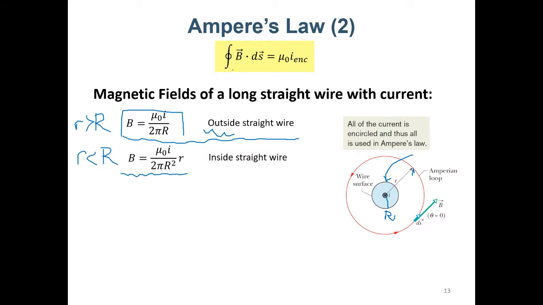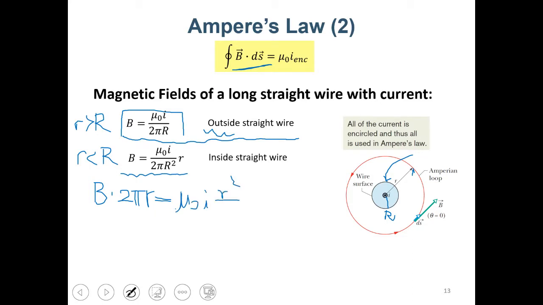Okay, we have Ampere's law. On the left-hand side, it is nothing but B times 2 pi r. And the right side will be something like mu0 I r squared over R squared.